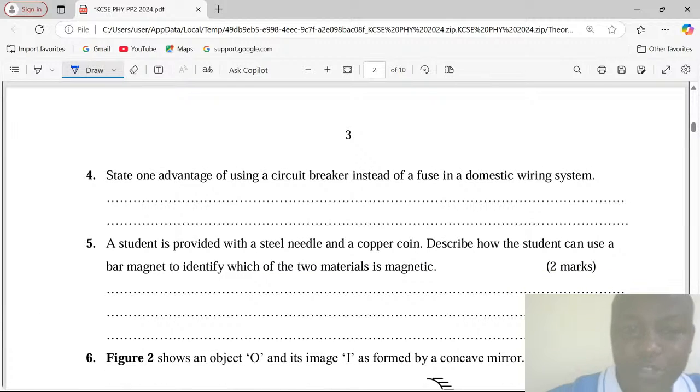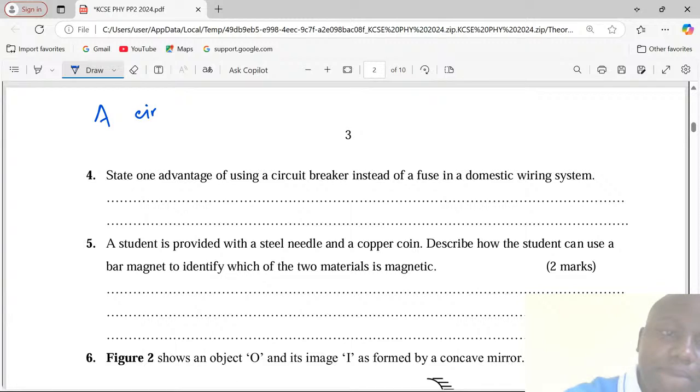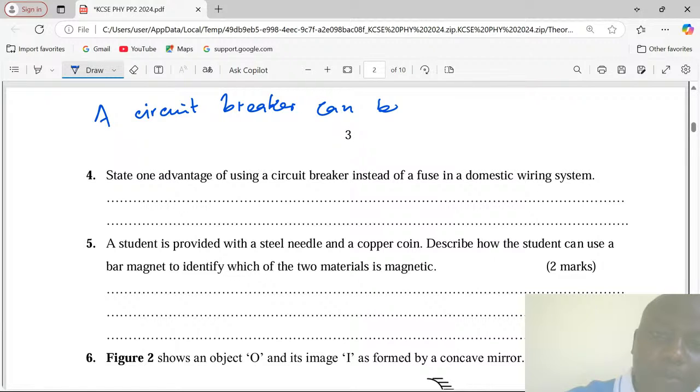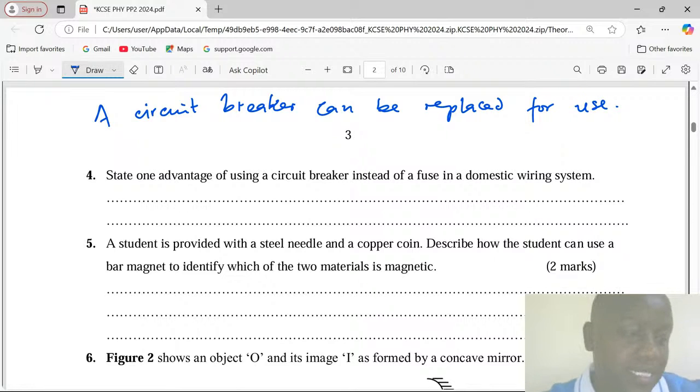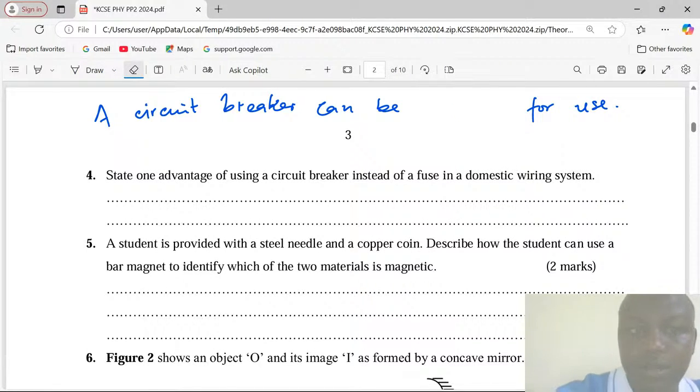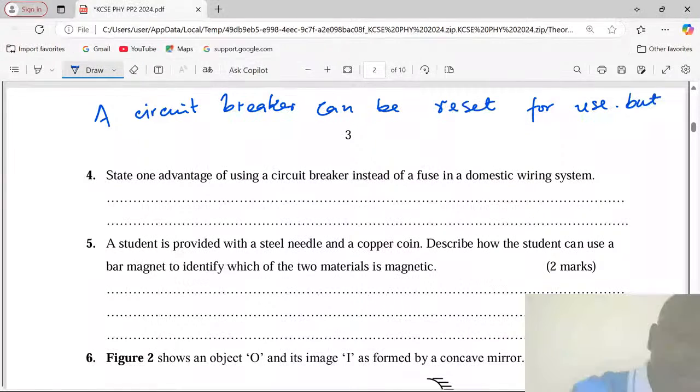One advantage of a circuit breaker is that after it has served its purpose, it can be reset for use again.